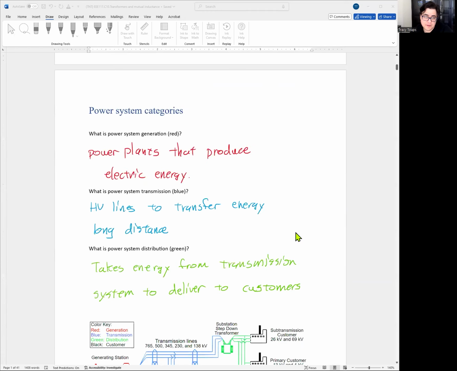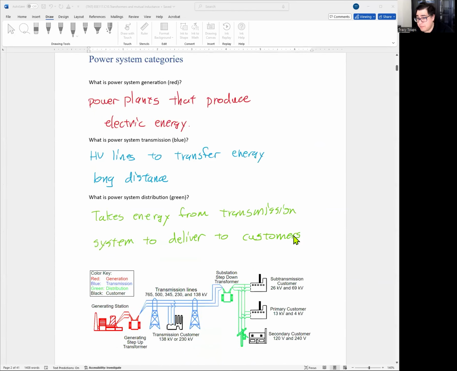Now, within the power systems of the United States, there are three major categories of infrastructure. This is what we call the critical energy infrastructure. In red, you have generation.